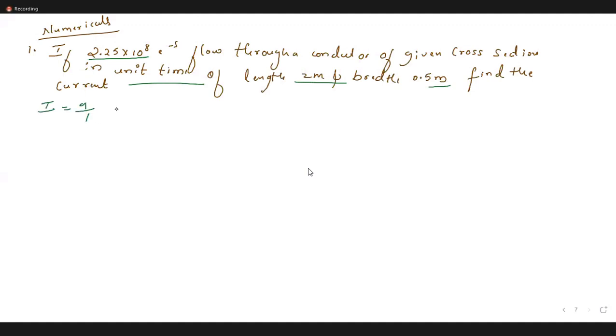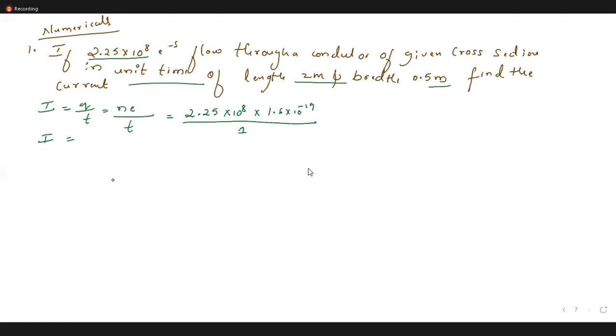I is Q by T. Current is NE divided by T, where N is the number of electrons and E is the charge of the electron, 1.6 into 10 to the power of minus 19, right? Divided by T. Then the current is in ampere.